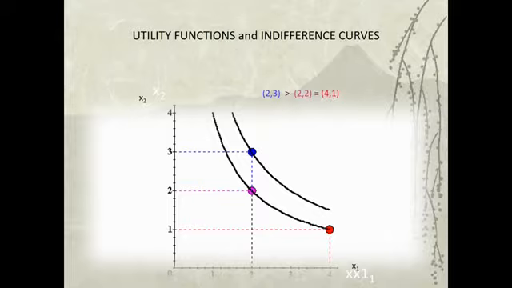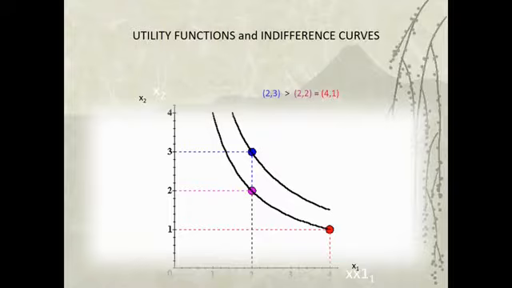Now, in the first case, 2 and 3 is the blue line. Then you have a pink one, which is 2, 2. Then you have 4, 1. Now 4, 1 is this one, that is x1, 4 and x2, 1.